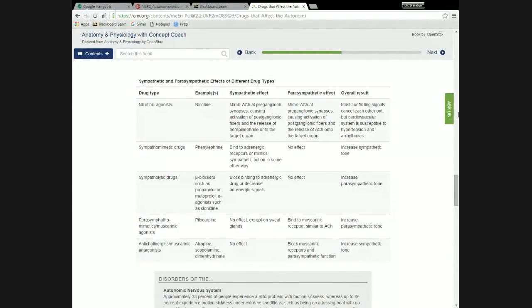But nicotine does have a couple of effects that are important for the cardiovascular system because of some exceptions to this simple setup.